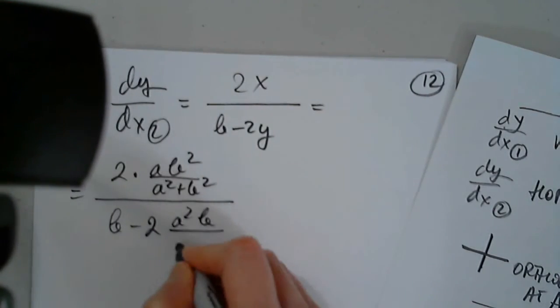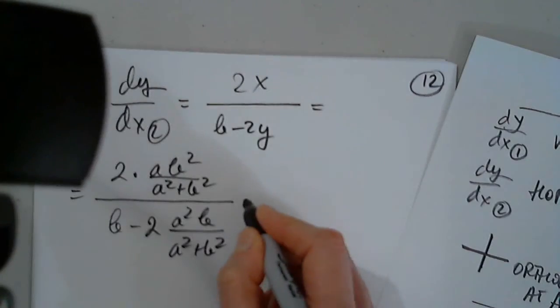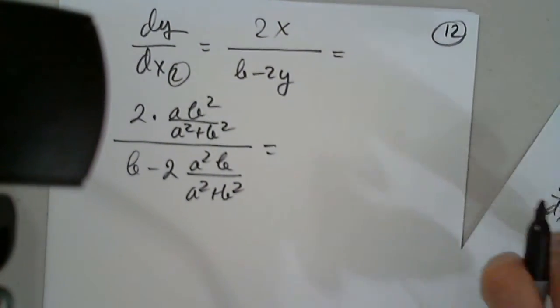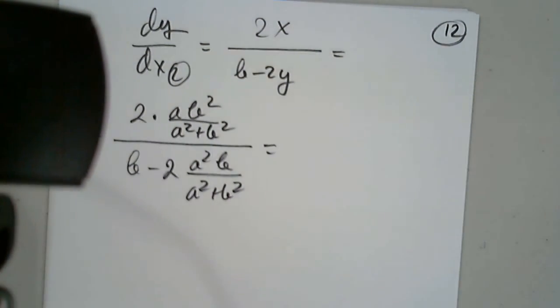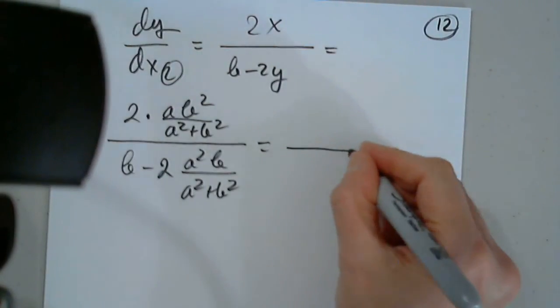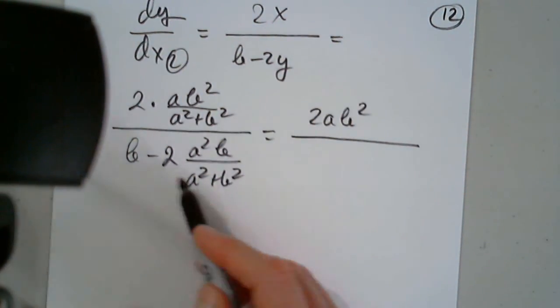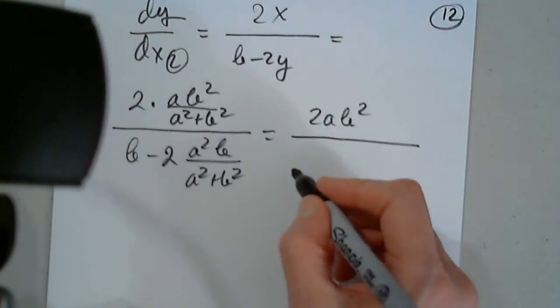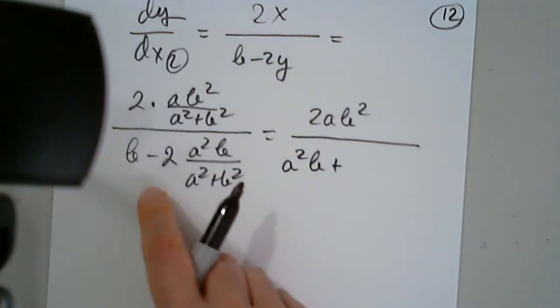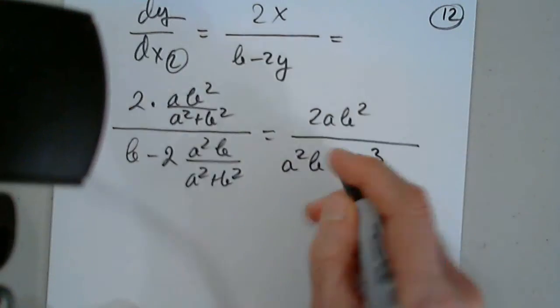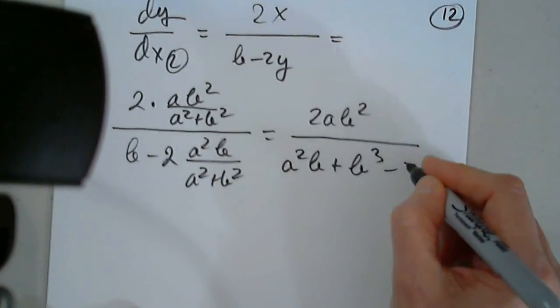Okay. Good. So now the top is just 2ab squared. The denominator is a squared b plus b cubed minus 2a squared b.